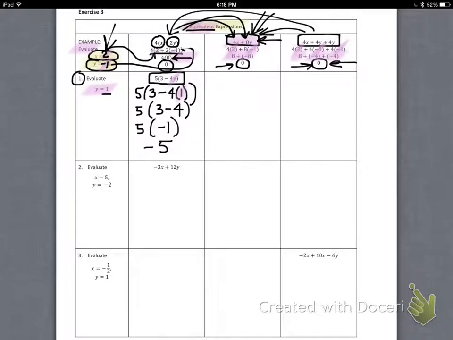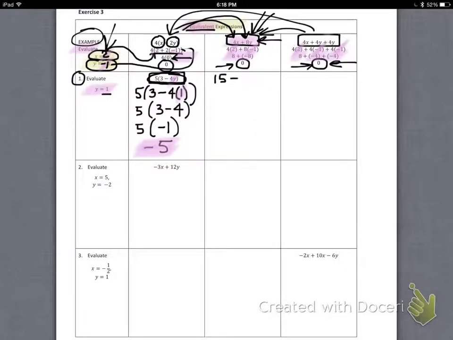Now, this -5 is going to be the answer for each of these expressions, equivalent expressions as we go across. So if you remember with the example here, this second expression was just the first expression distributed, okay? So if we're going to distribute this expression here, we're going to go 5 times 3, okay, which is 15.